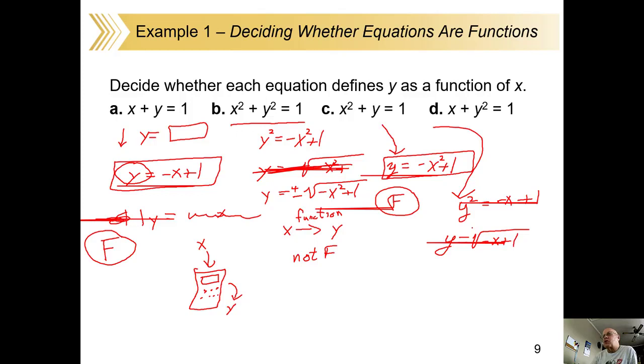But because I'm taking the square root, this original number could have been a plus or it could have been a minus. That means I get not only one value for y, but two values for y. This is not a function. Two values for the price of one, that's not a good thing.